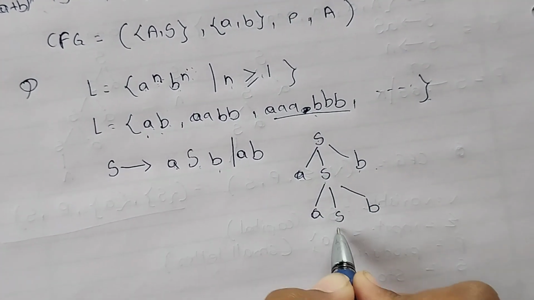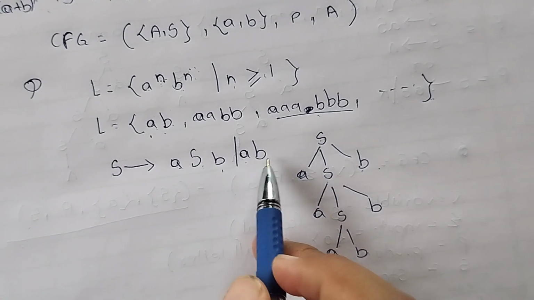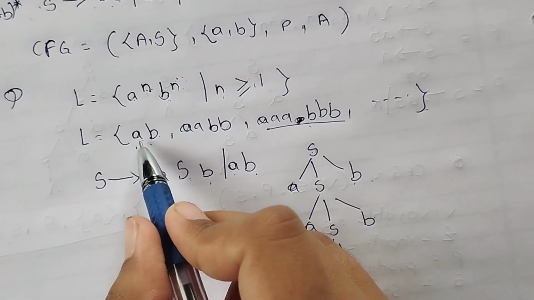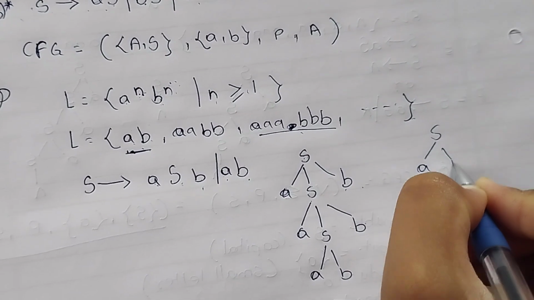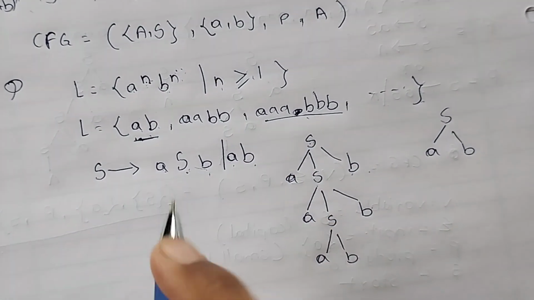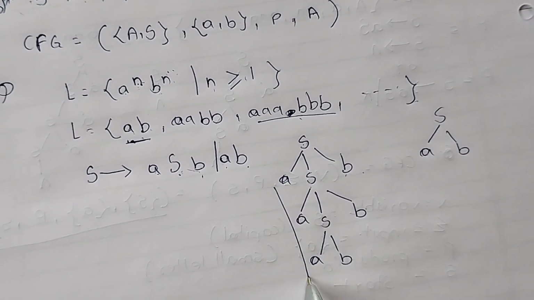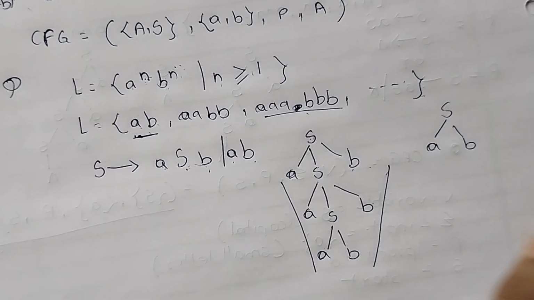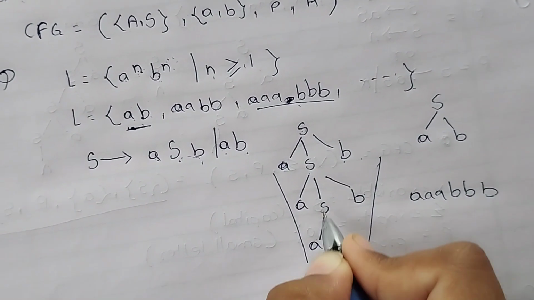So we initialize it with ab, because it reads a and b also. Simply a and b, because when we want only the simple production a and b, that time we write this a and b simply, not S, because we want only one time a and b. So now we get 3 times a and 3 times b. So we write in the common aaabbb.